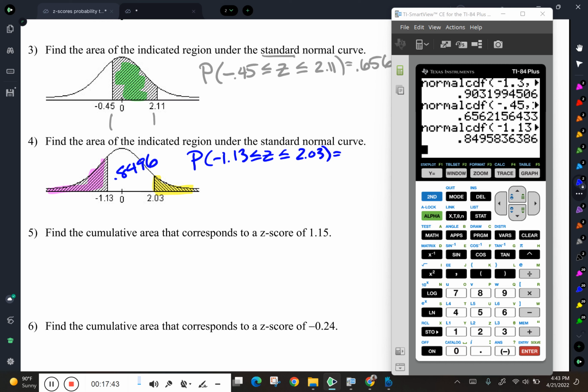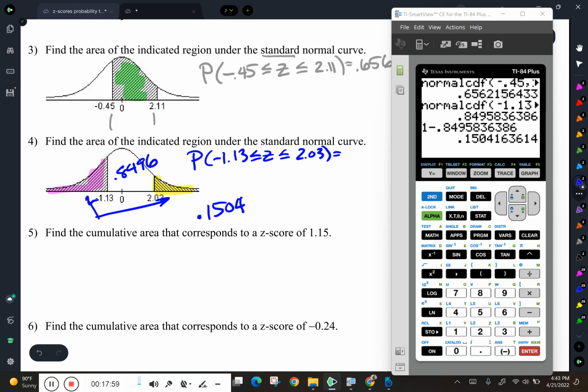So then what are the two tails? Well, there's going to be 1 minus that value, and I get 0.15. So the sum of those two tails is 0.1504, round wherever they tell me to round it.